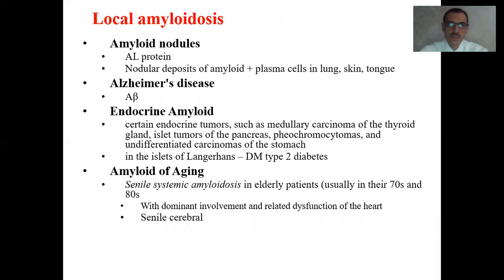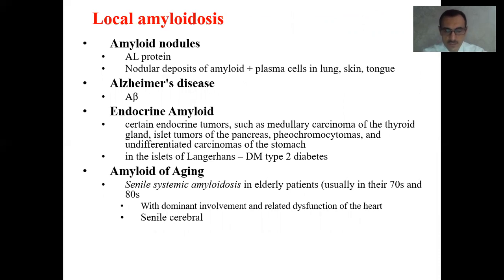But local amyloidosis is present in different forms. For example, as amyloid nodules. Here is the biochemical AL protein and nodular deposits of amyloid with plasma cells, found in the lungs, the skin, and tongue. Alzheimer's disease.